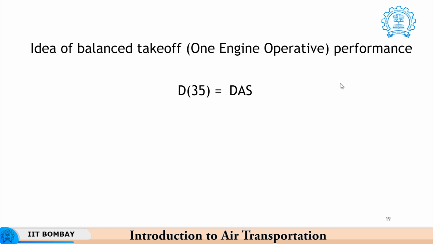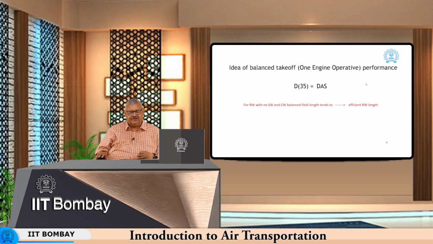So, when both of these are equal, that particular length is called the balanced field length. Okay. So, for runways with no stopways and clearways, the balanced field length tends to come up with an efficient runway length. That is the minimum runway length required for safe operation.